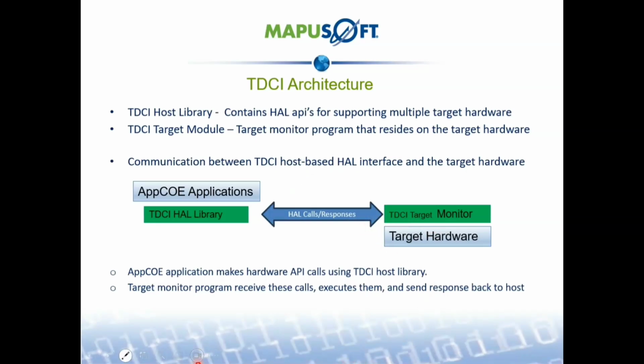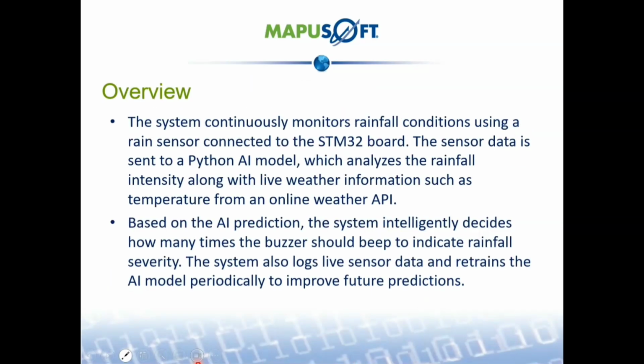So let's see the overview of this project. This system continuously monitors the rainfall conditions. Here you are using a rain sensor, which sends data to the Python AI model. Then it analyzes the rainfall intensity with live weather information like temperature.